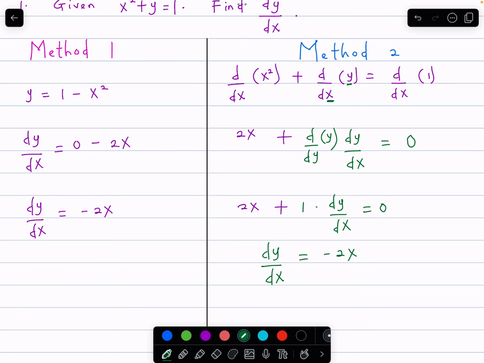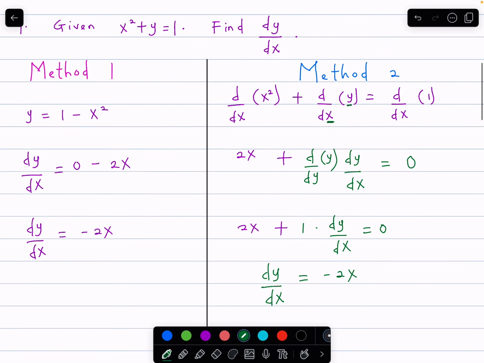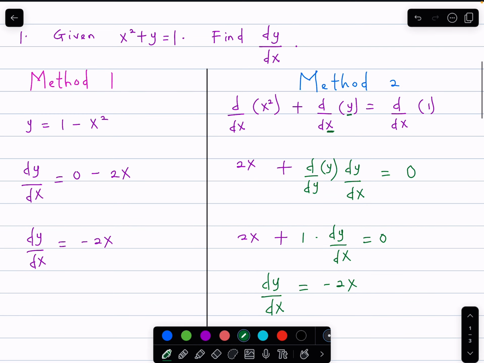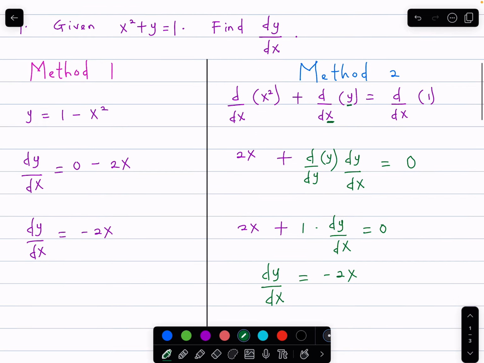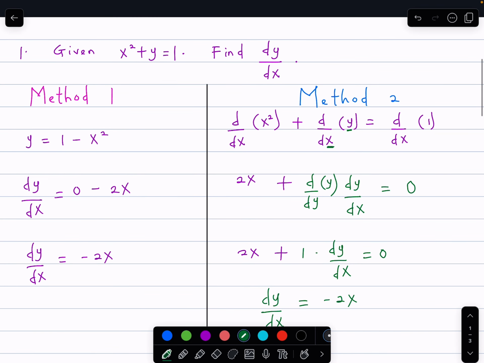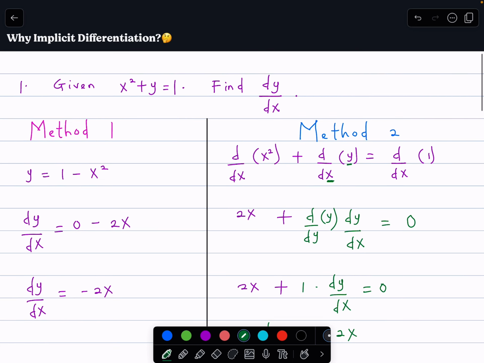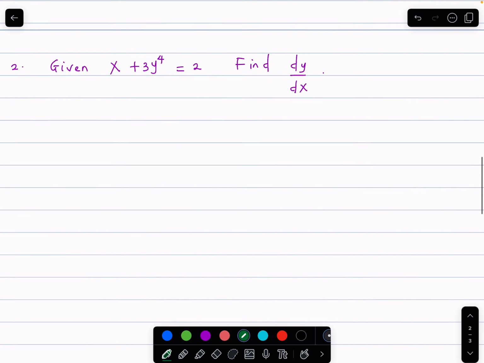Now this method 2 appears to be more intensive, but let's look at another example to see where method 2 might be more preferable or more helpful when finding derivatives. So let's look at this example.